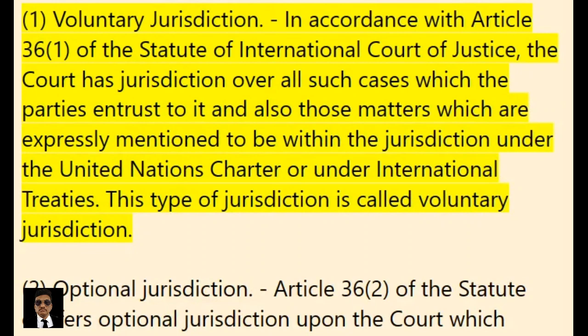In accordance with Article 36(1) of the Statute of International Court of Justice, the court has jurisdiction over all such cases which the parties entrust to it, and also those matters which are expressly mentioned to be within the jurisdiction under the United Nations Charter or under international treaties. This type of jurisdiction is called voluntary jurisdiction.